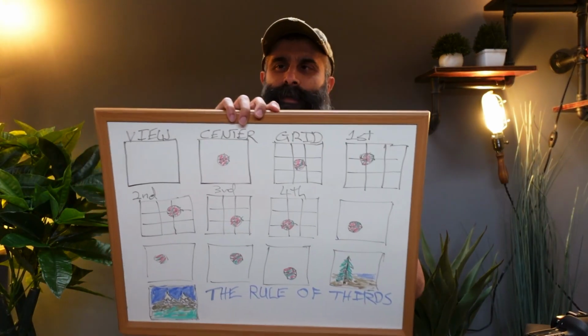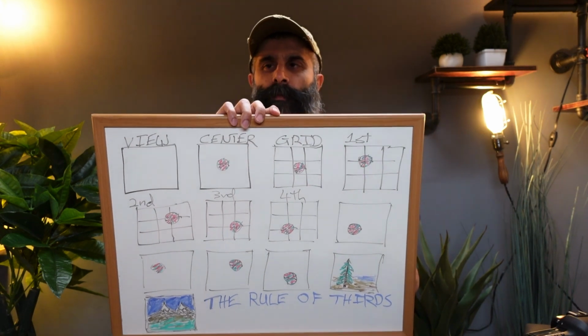What I want everybody to focus on in looking at these pictures is imagine that grid for every one of those pictures. Imagine these grid lines and look for where the subject is. Don't worry so much about the lighting in this one. Don't worry so much about, is it artistic? Is it the best subject?